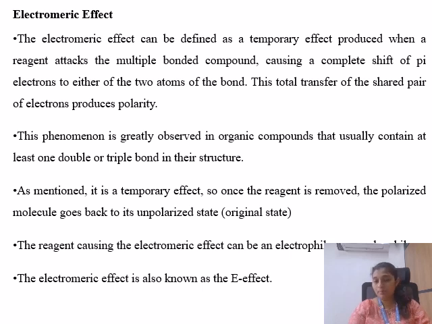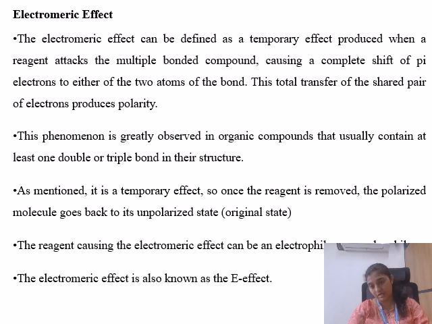If your compound does not contain a pi bond, that is a double bond or triple bond, you cannot find the electromeric effect, because here we are talking about the shifting of the pi electron. So a double bond or triple bond should be there, and only then can the pi electron be shifted. So we can give the definition that the electromeric effect can be defined as a temporary effect.